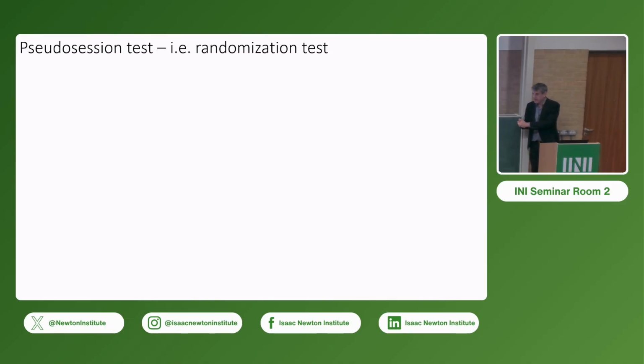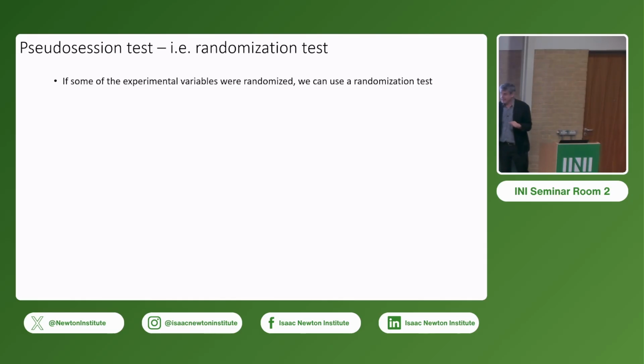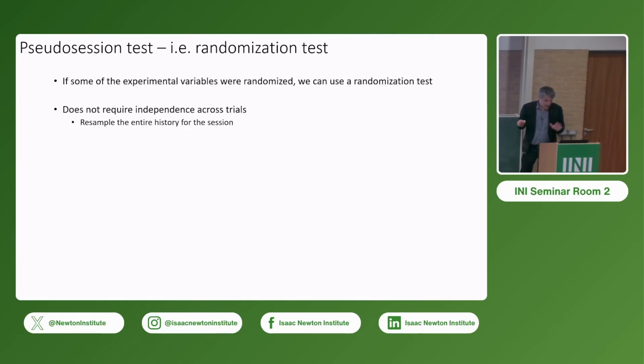All right, so what's the first way we would do it? Well, the first way is just a plain old randomization test, but we give it a slightly fancier name. We call it the pseudo-session test. And the reason is, if you've done an experiment in which some of the experimental variables were randomized, you can use a randomization test. It doesn't require independence across trials.